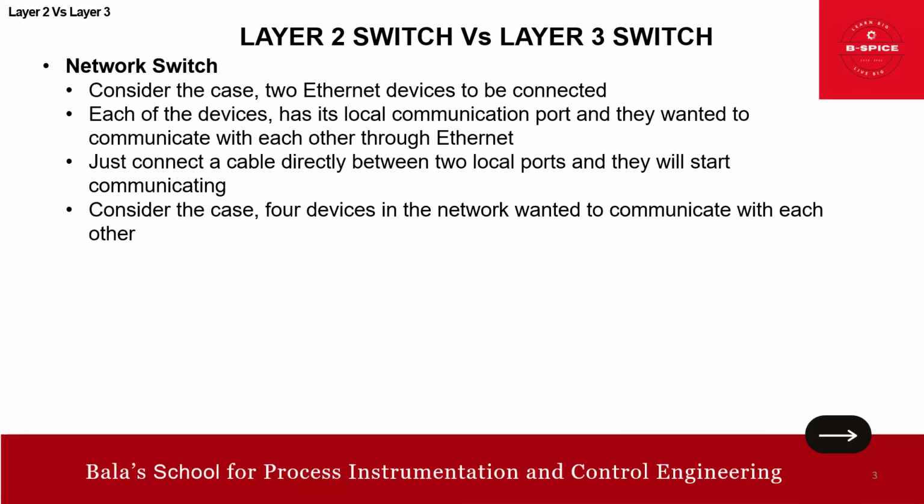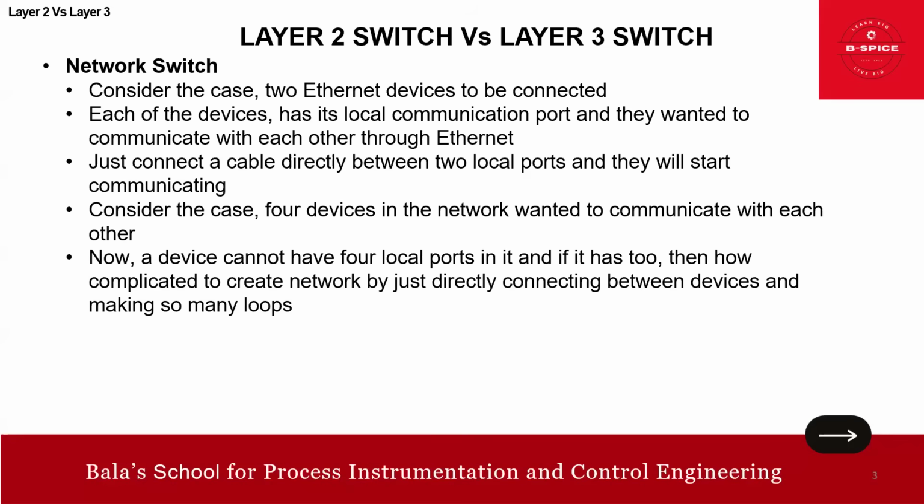Consider a case where four devices in the network want to communicate with each other. Now, a device cannot have four local ports in it. And if it had to, how complicated it would be to create a network by directly connecting devices, making so many loops. Just imagine, right? So for this scenario, a device called a network switch is used.